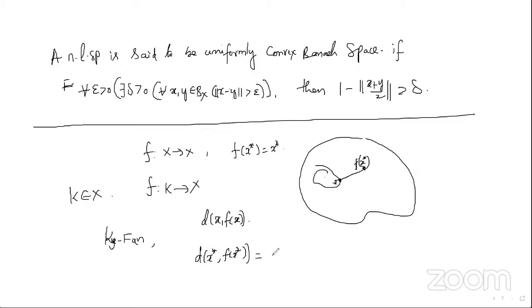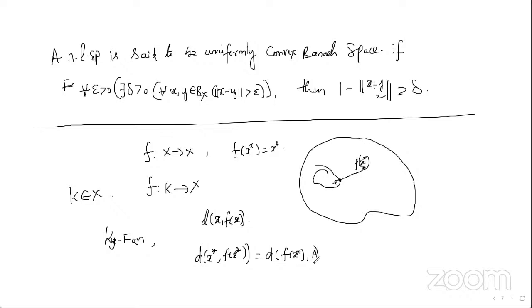This is the distance from f of x star to K. That means x star is the best approximation of f of x star. What is the meaning of best approximation? The minimal element which is nearer to f of x star will be x star itself.